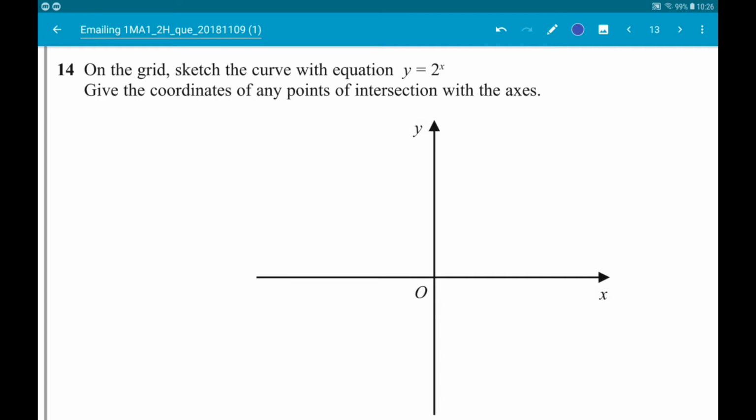They look like that, so they never touch the x-axis. The y-intercept happens when x is equal to 0, so 2 to the power 0 is 1, so the coordinates here are 0, 1.